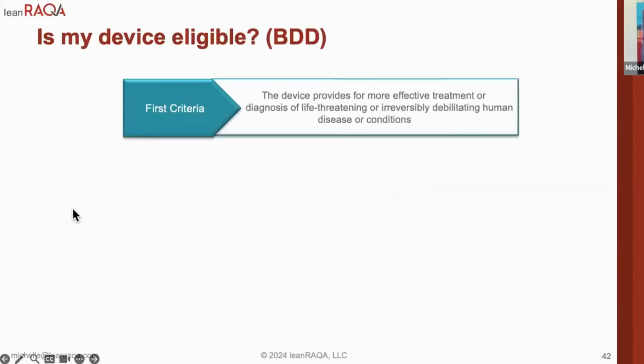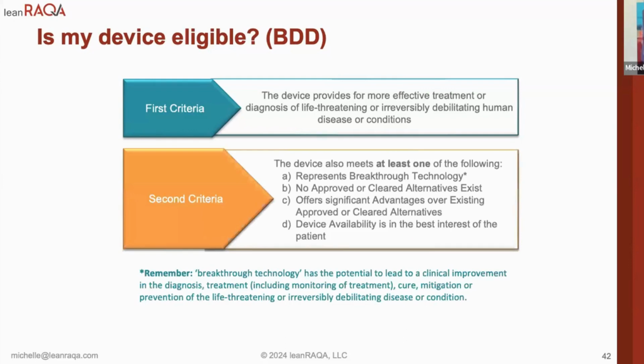So is your device eligible? The first criteria you have to demonstrate is that the device provides for more effective treatment of that life-threatening and irreversibly debilitating condition. There are 4 criteria, and you have to prove at least one, but you need to make a case for as many as you possibly can in your argument. That's my recommendation, at least, but one has to be really, really solid.